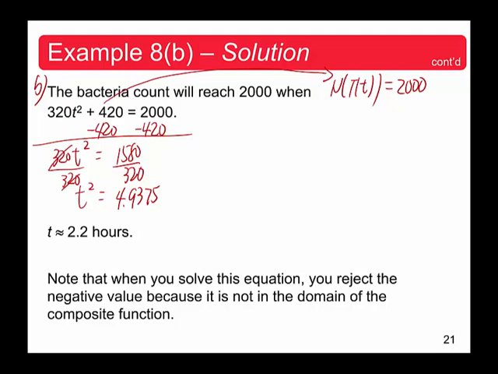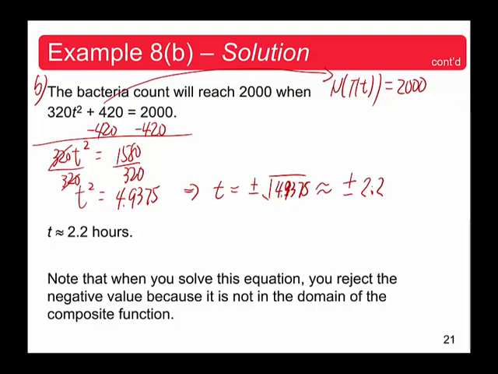1580 divided by 320 turned out to be 4.9375. And now, next step, taking the radical on both sides of the equation, t equal to plus or minus the radical of 4.9375. And this turned out to be approximately plus or minus 2.2.